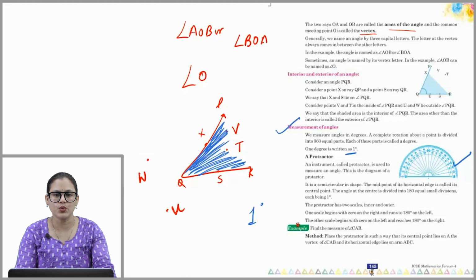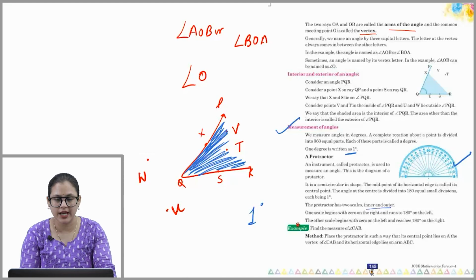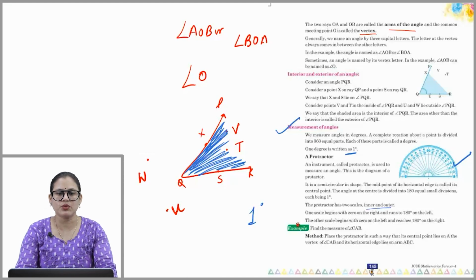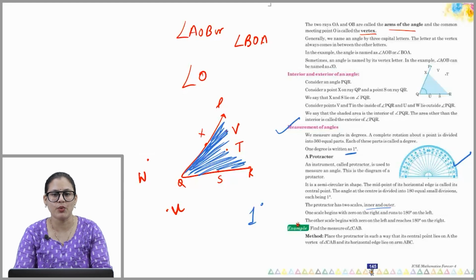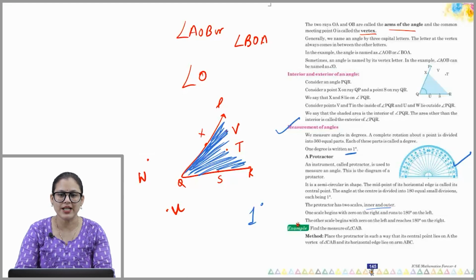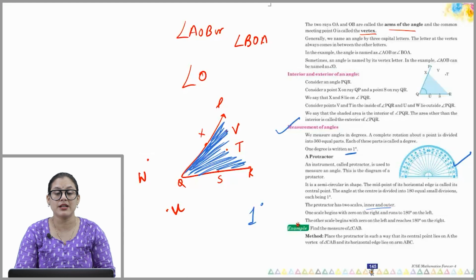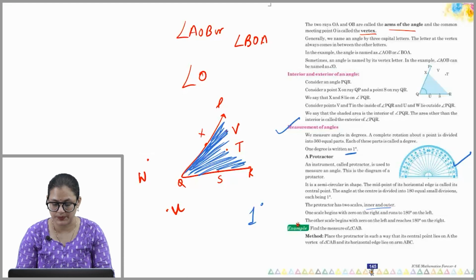The protractor has 2 scales, inner and outer. One scale begins with 0 on the right and runs to 180 degrees on the left. The other scale begins with 0 on the left and reaches 180 degrees on the right. Example, find the measure of angle CAB. Method: place the protractor in such a way that its central point lies on A, the vertex of angle CAB, and its horizontal edge lies on arm AB.